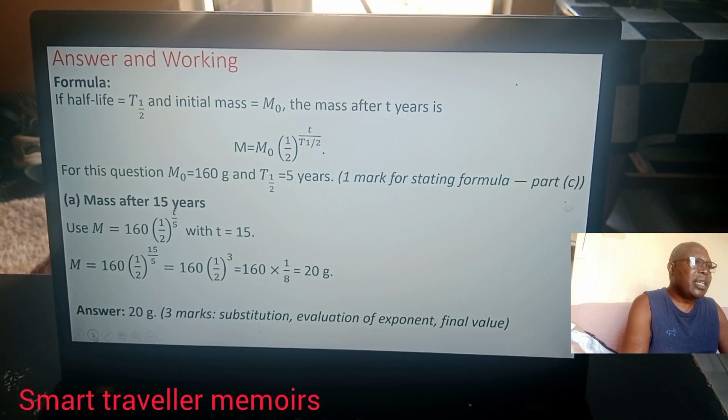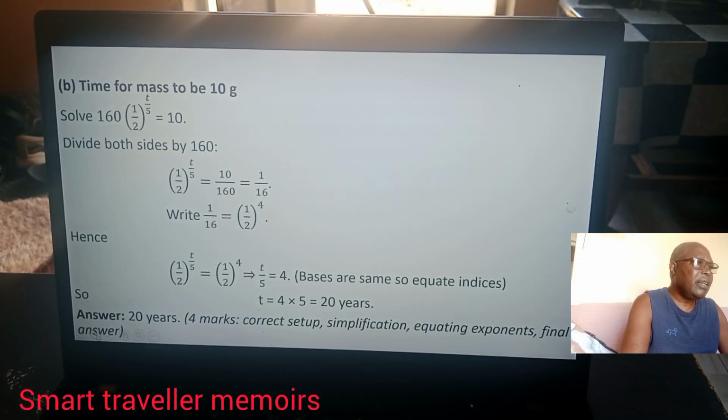So the answer is 20 grams, 3 marks for substitution, evaluation of exponent, and final value.